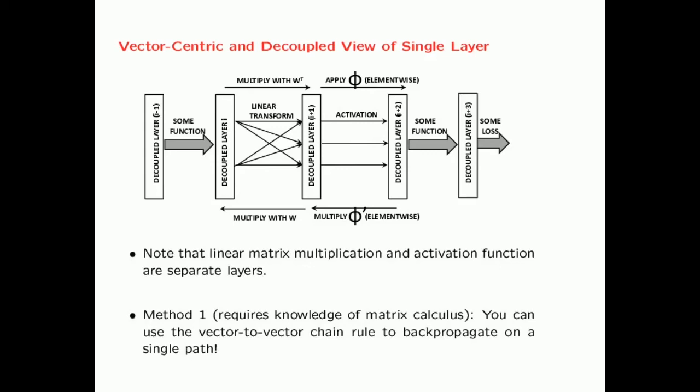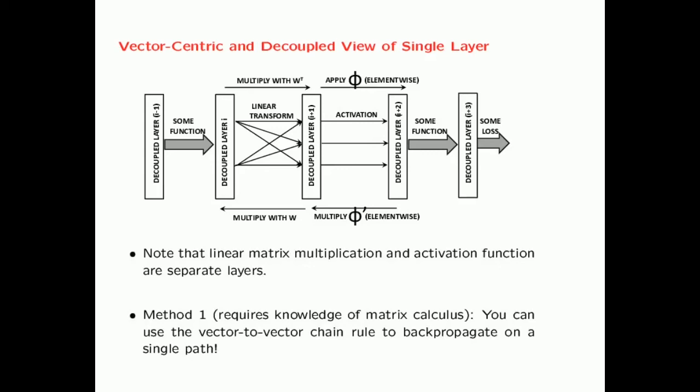Now, you can see that this particular arrangement is also a kind of computational graph. The difference is that here the nodes contain vectors. The entire computational graph is just a single path, and the edges of this computational graph are vector-to-vector functions. Note that backpropagation on such a computational graph is actually very simplified if you have knowledge of matrix calculus.